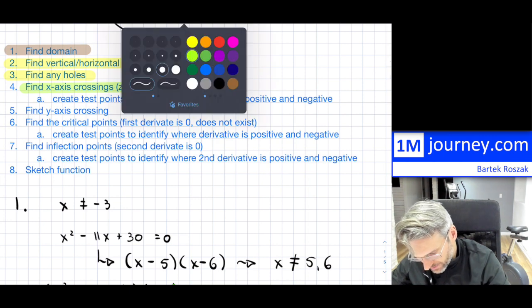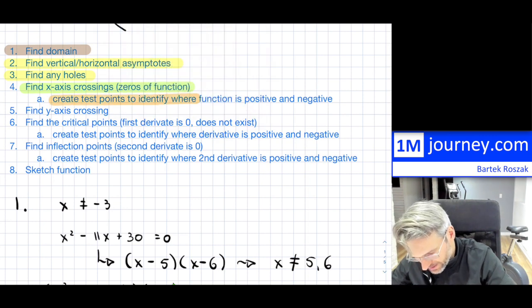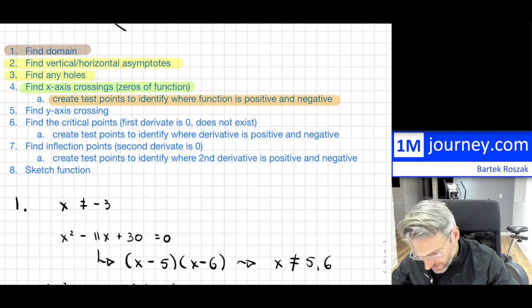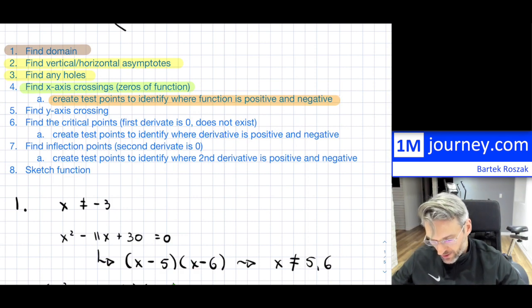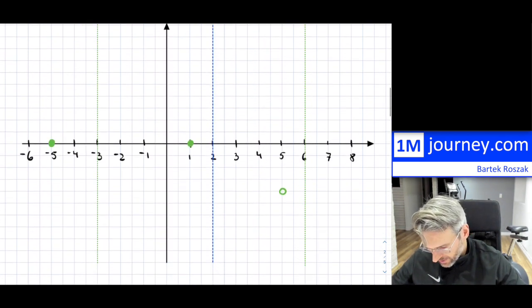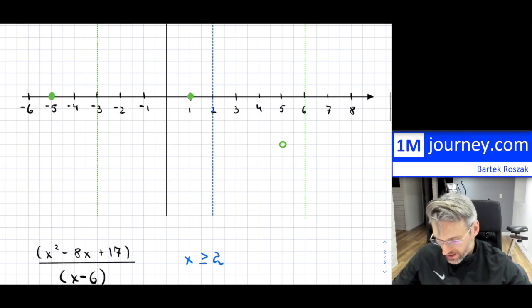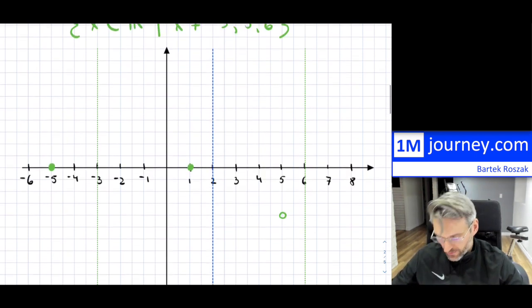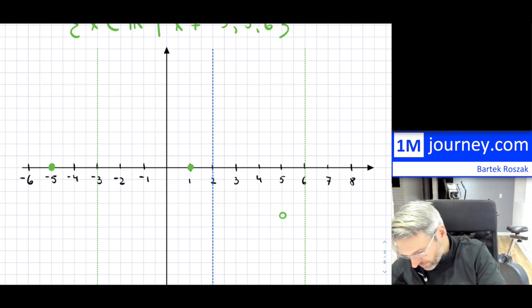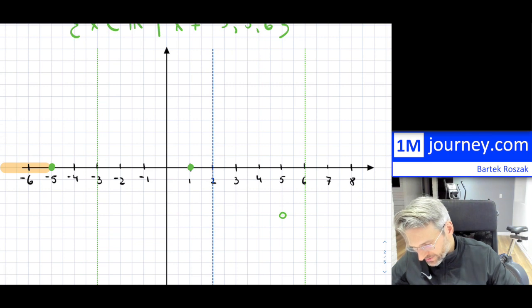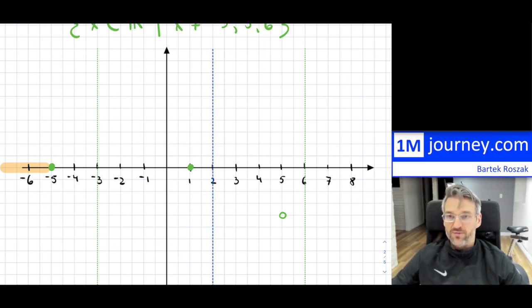Now the next item that I like to do is create test points. So create test points to identify where the function is positive or negative. The way that I do it is once you sketch this out, you just go one by one in terms of the test. So what happens on the left hand side? Is the function positive or negative?